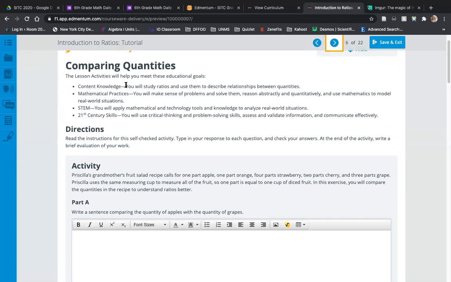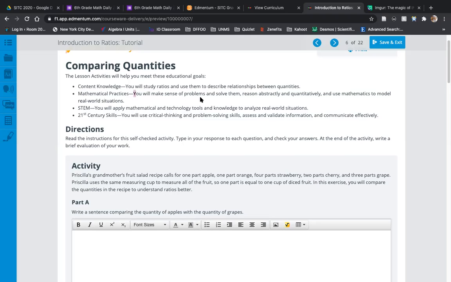Content knowledge, so this is the math that we're learning. It says you're gonna study ratios and use them to describe relationship between quantities. Remember, that was also our objective for today. So mathematical practice, there are 8 math practice standards that have to do with anything that we learned in math.